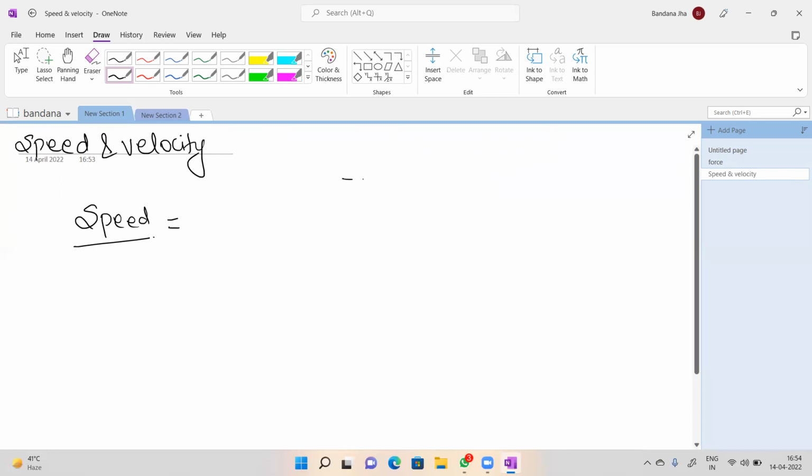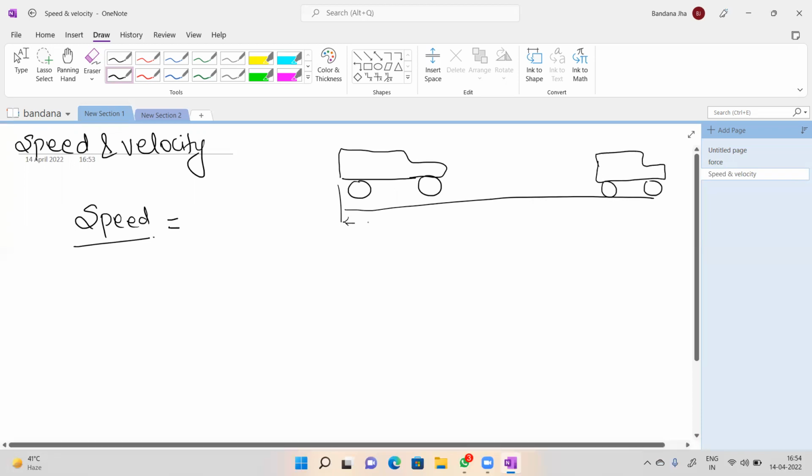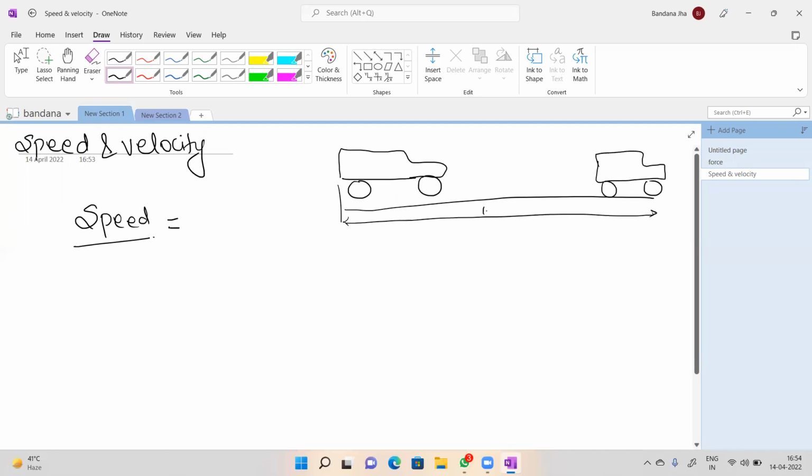If I am talking about this car, my car is traveling from home to the office. The distance between home and office is 100 kilometers. So how many kilometers per hour you drive is your speed. Correct. Now you get the point.